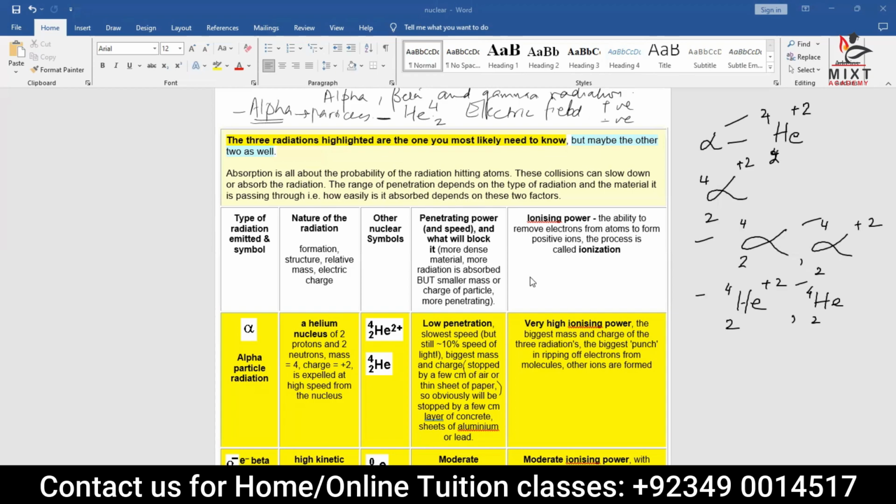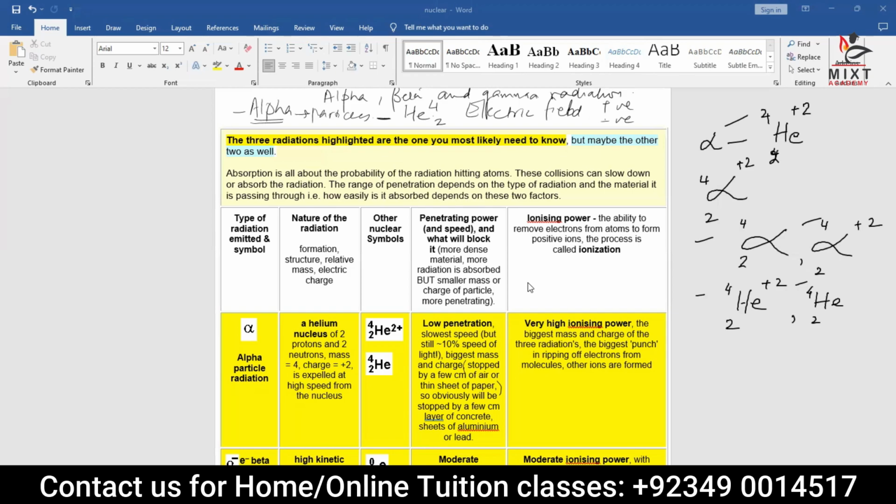The electrons are removed and they become ions. So basically, ionizing power means a power to knock out or remove the electrons from some nucleus, and when they remove the electrons, it is converted into ions. That's what ionizing power is.